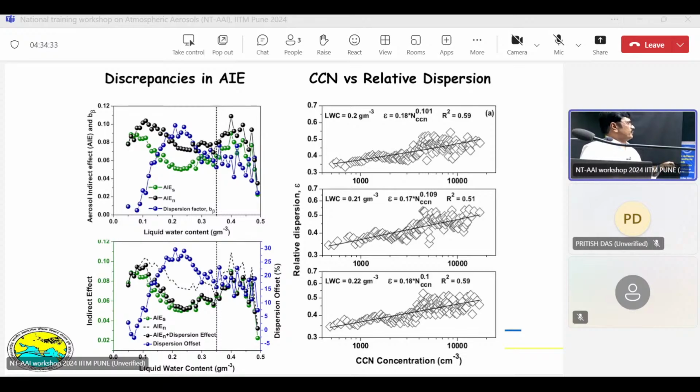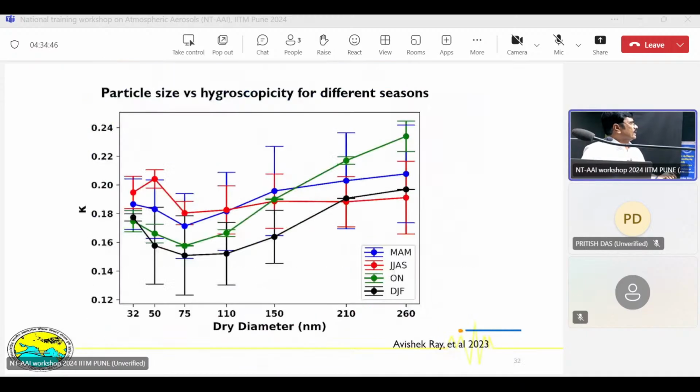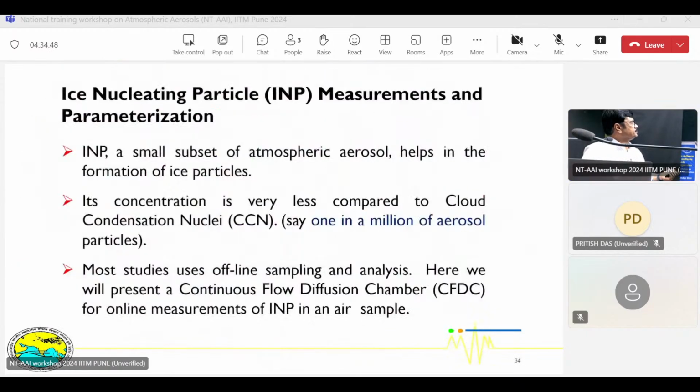So if we are able to correct that, then maybe the indirect effect estimates will be similar. These are some of the results from our laboratory. Anyway, I think I don't have to cover this.